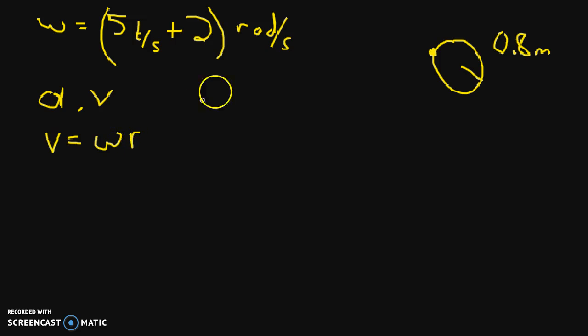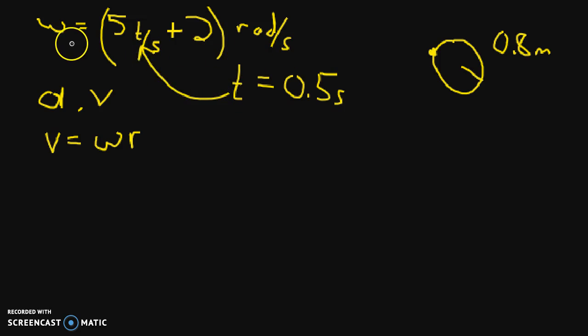Oh, and I forgot to say, they said t is equal to 0.5 seconds. So all we have to do is plug our t in here, and that will give us our omega, and we have our r. So with this equation, we can solve for velocity.